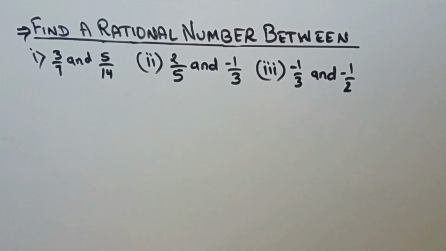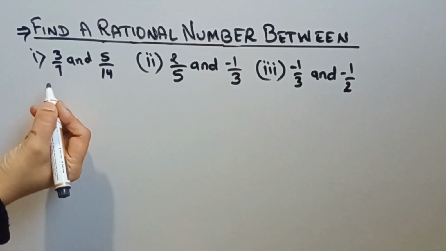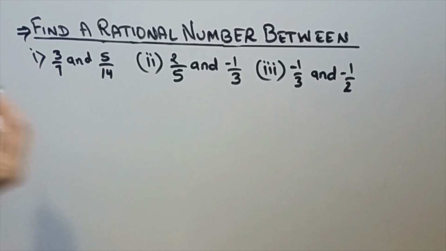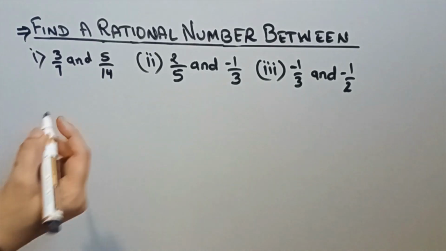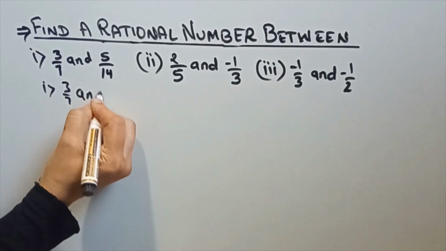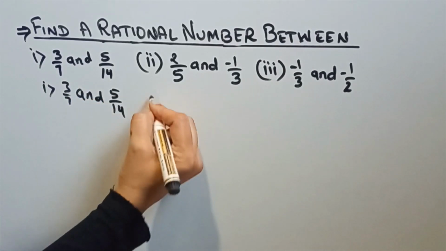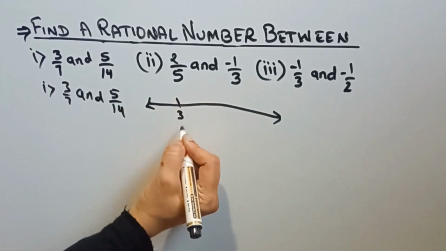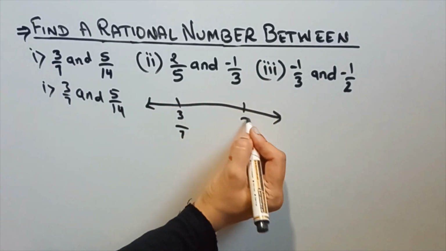Now find a rational number between two rational numbers. See, 3 by 7 and 5 by 14. Between these two numbers, we have to find a rational number. First sum: 3 by 7 and 5 by 14. Suppose this is the line, 3 by 7 is here and 5 by 14 is here.